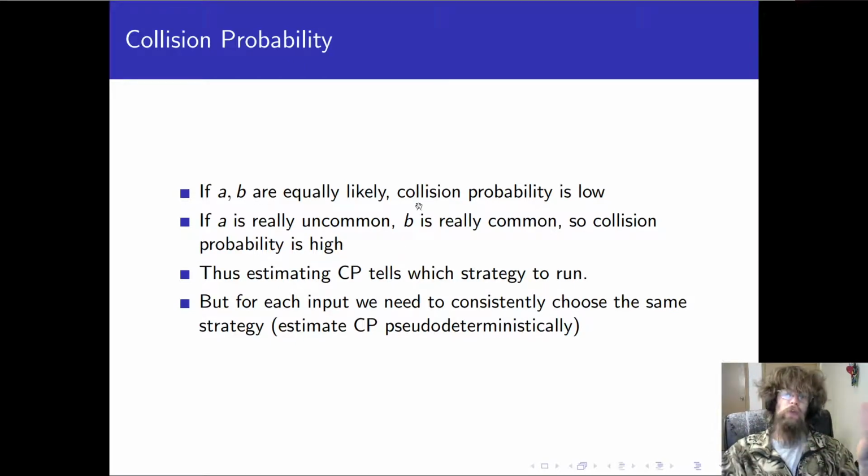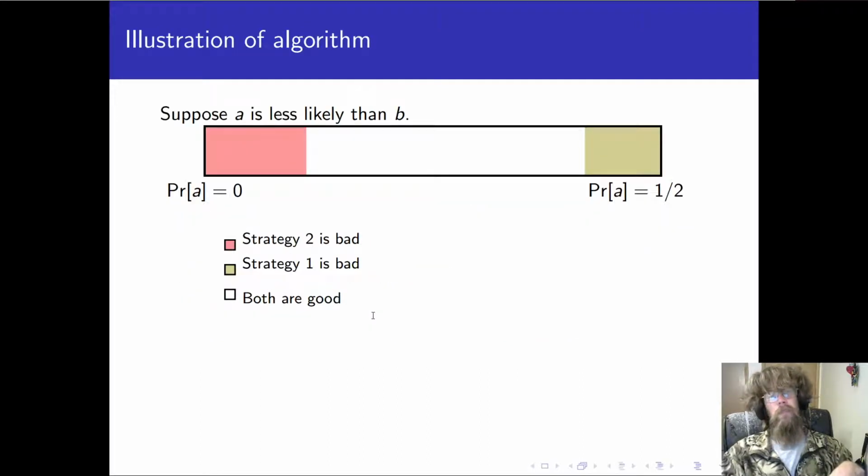And if one of them is really rare, then we're going to collide on B a lot. So estimating the collision probability is how we decide between the 2. And we need the pseudodeterminism on the estimation, because otherwise we might get an input where we pick strategy 1 half the time and strategy 2 the other half.